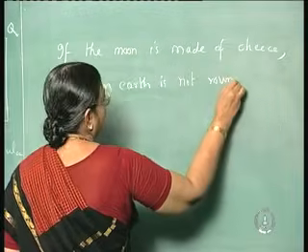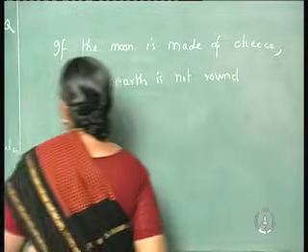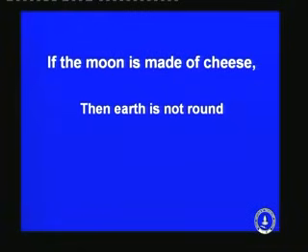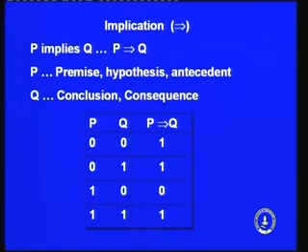There is no relationship between the antecedent and the consequence. But the compound statement is true because this is of the form false implies false. And for that, the first line of the truth table tells you if P is 0 and Q is 0, P implies Q will be true.